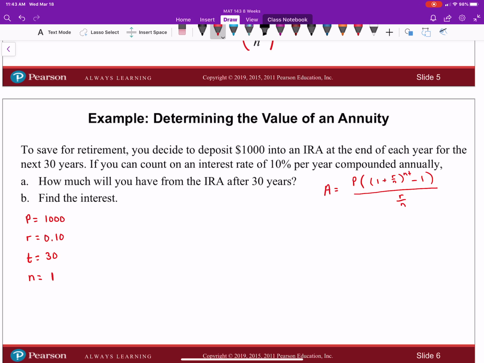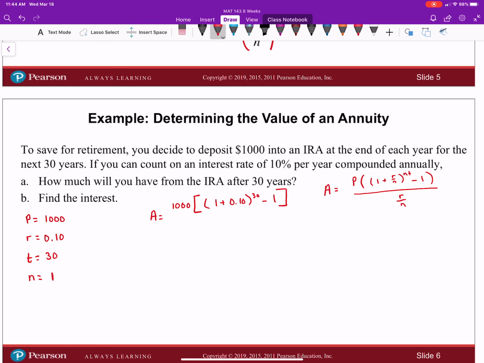So let's go ahead and plug all this stuff in. So we have A is equal to 1,000 times 1 plus. Now, if we know our N is 1, we don't have to put that in because anything divided by 1 is itself. So it's going to be our 0.10. Then we're going to raise that to the NT, so it's 1 times 30, which is 30.